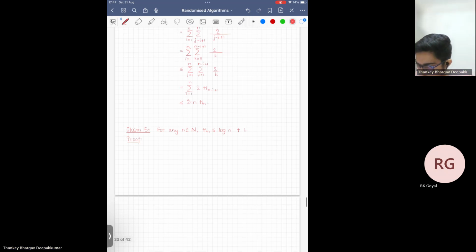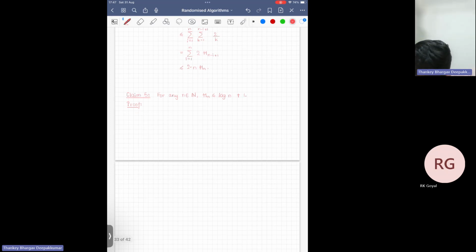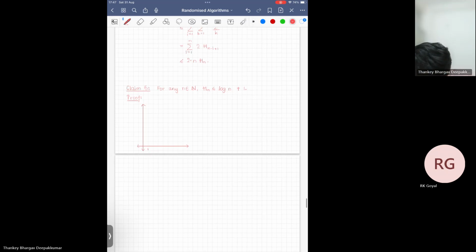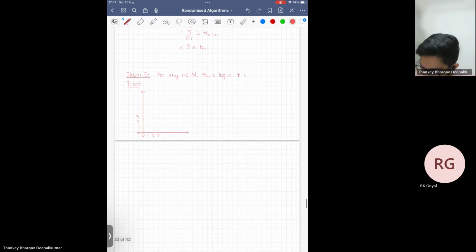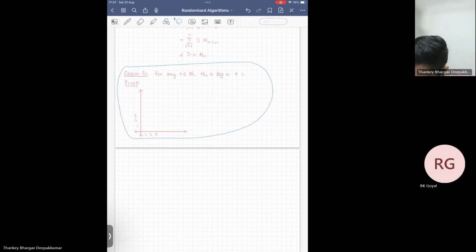This proof would be slightly different from all the proofs we have seen or would see in this course. So let me draw a graph. I need more space.